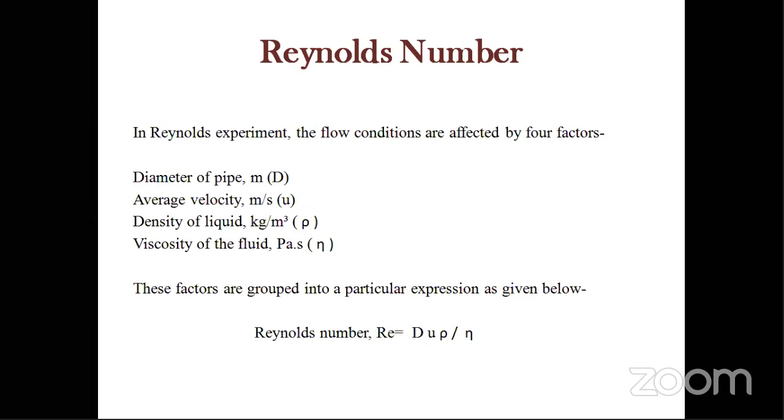What are the factors? If you process a liquid through a pipeline, the flow properties depend on the Reynolds number, because the flow property of the liquid depends on the diameter of the pipe. If you consider a large-diameter pipe, the fluid moves freely. But if you reduce the diameter of the pipeline, the water or fluid makes some friction with the wall of the pipe.